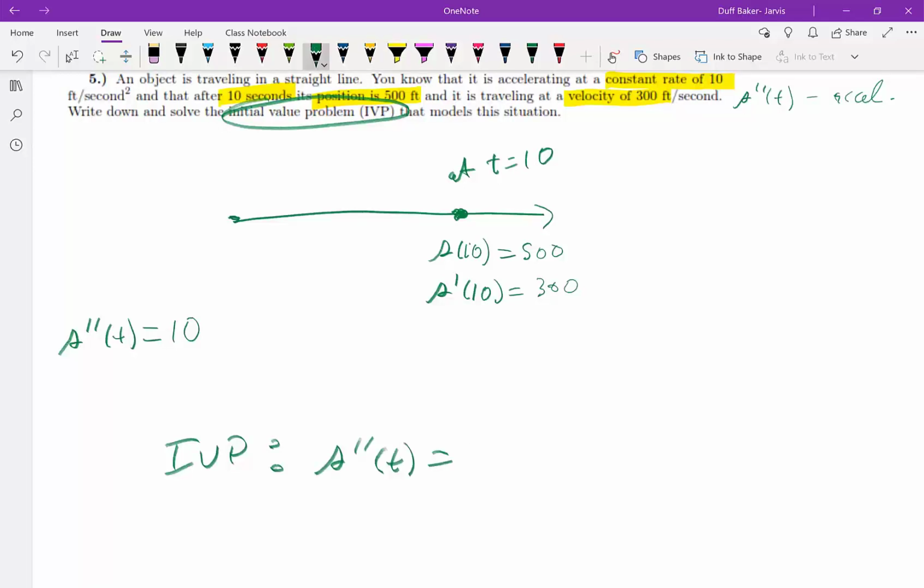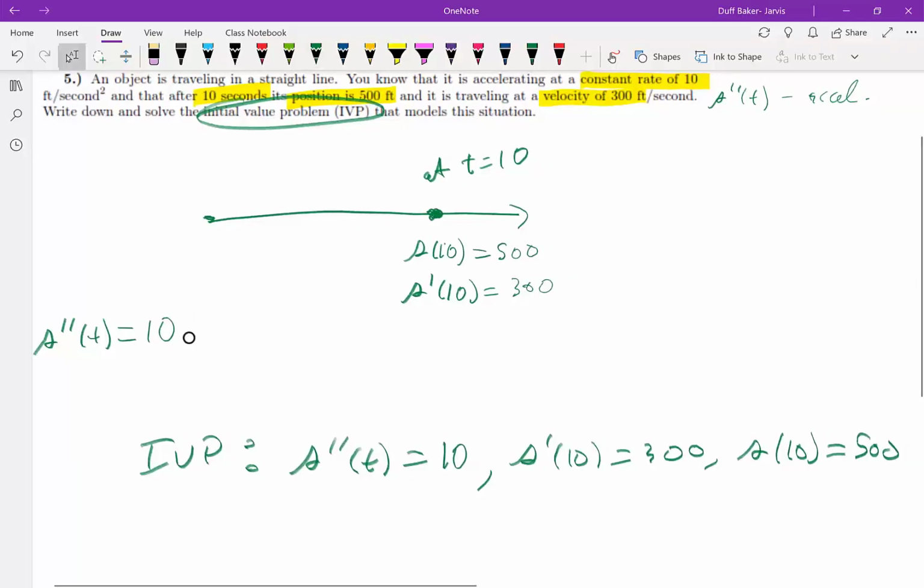You know that its velocity at time 10 was 300, and its position at time 10 was 500. And that would be the modeling of the situation as an IVP.